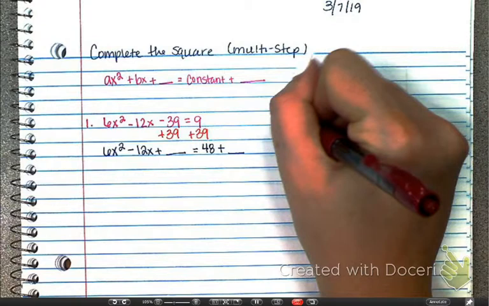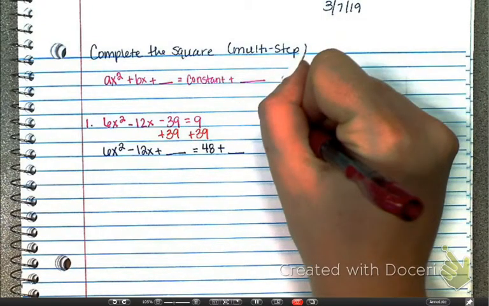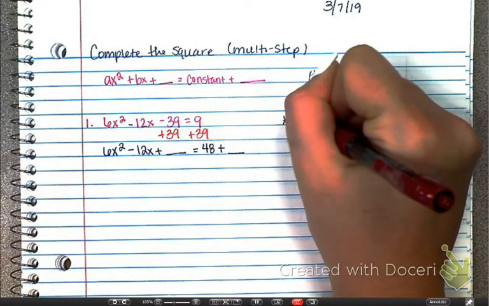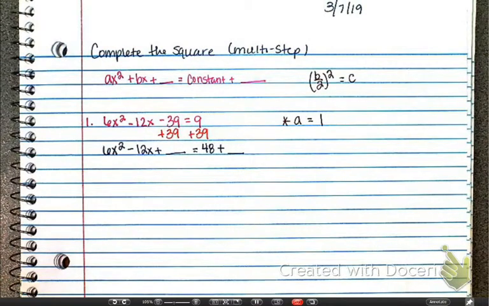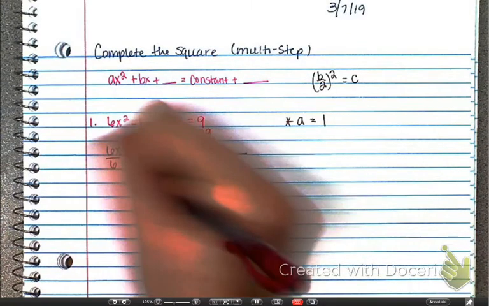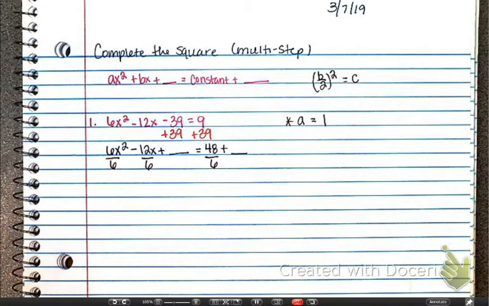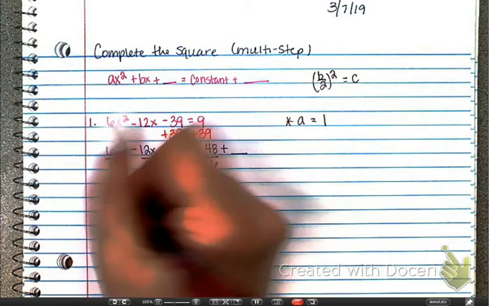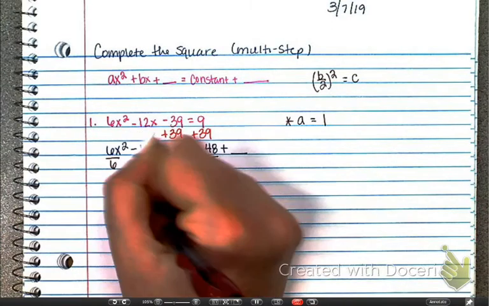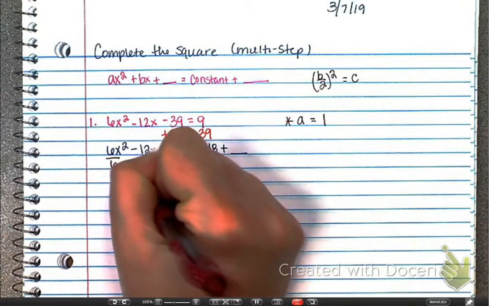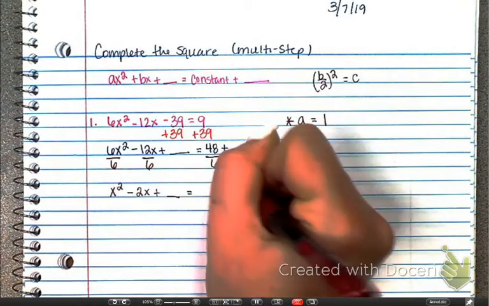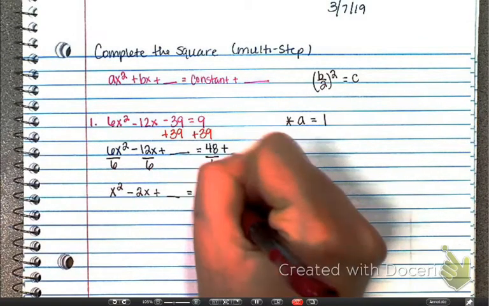Okay, so a should equal 1. Okay, a needs to equal 1. So we're going to go through and divide everything by 6. So x squared minus 2x plus something equals 8 plus something.